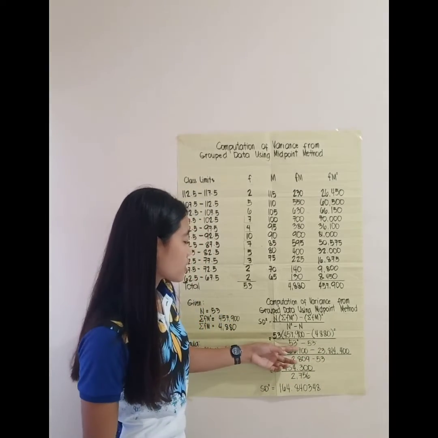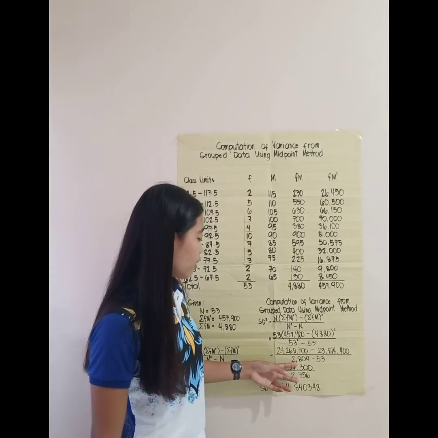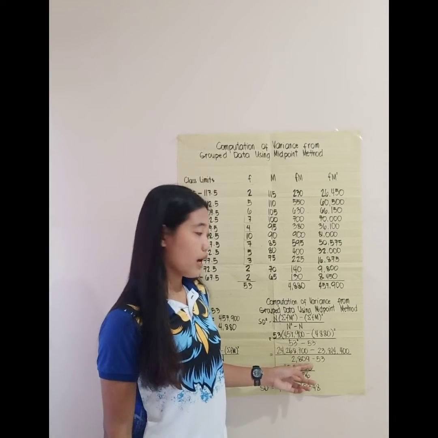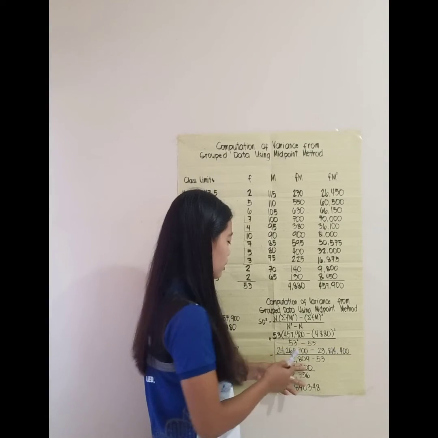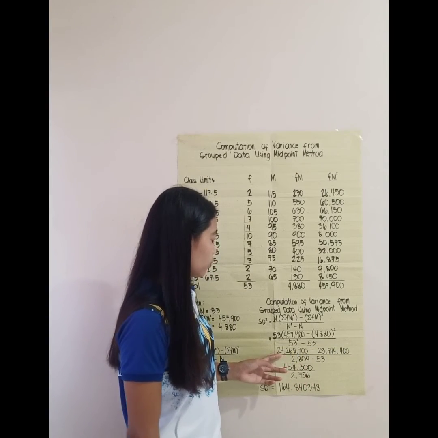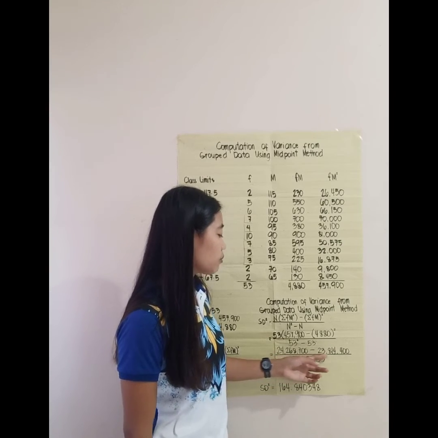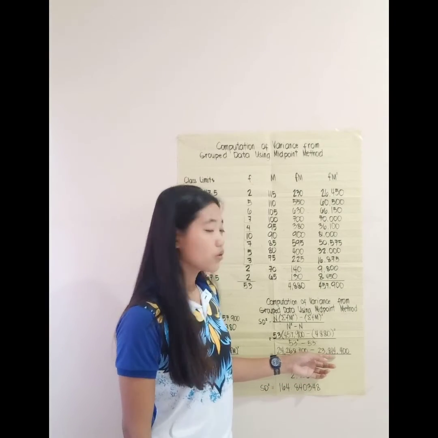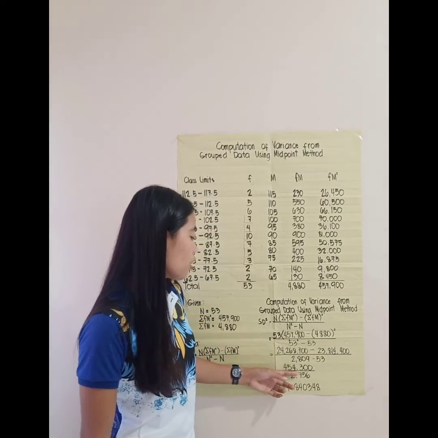Next, 53 squared is 2,809, minus 53. So let's subtract this. 24,268,700 minus 23,814,400. The result is 454,300.